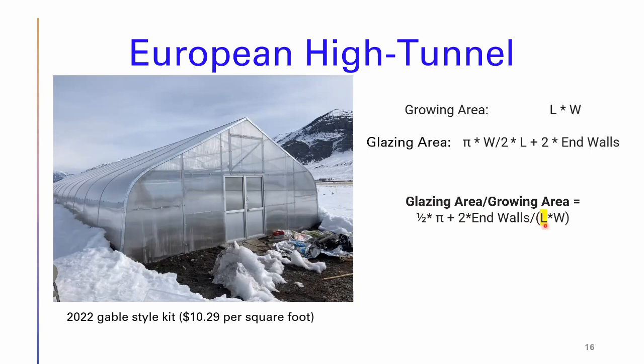But what that tells us is L, the length: the bigger your length is, the longer your greenhouse is, if your width, W, is the same, the more efficient it becomes, just by this equation. So if you had a really short and wide greenhouse, you're not as efficient as if you had a really long greenhouse. Just something to keep in mind.